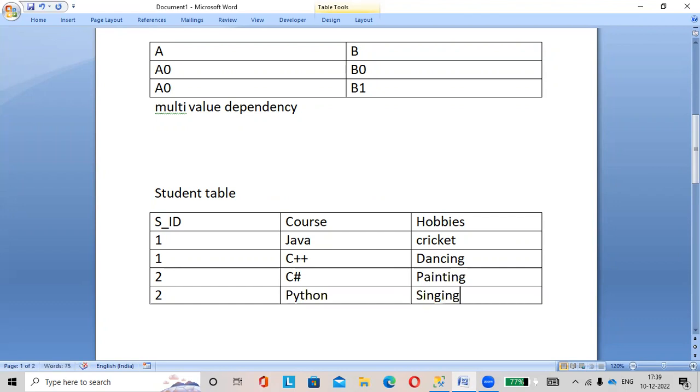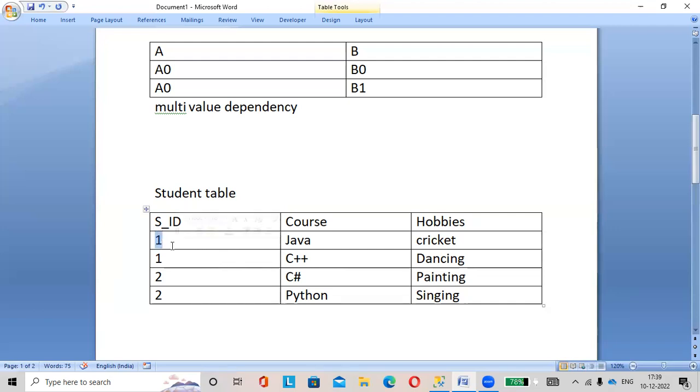What is happening here? For single roll number 1, there are multiple values. There are two courses and two hobbies. Yes, it is leading to multi-value dependency.